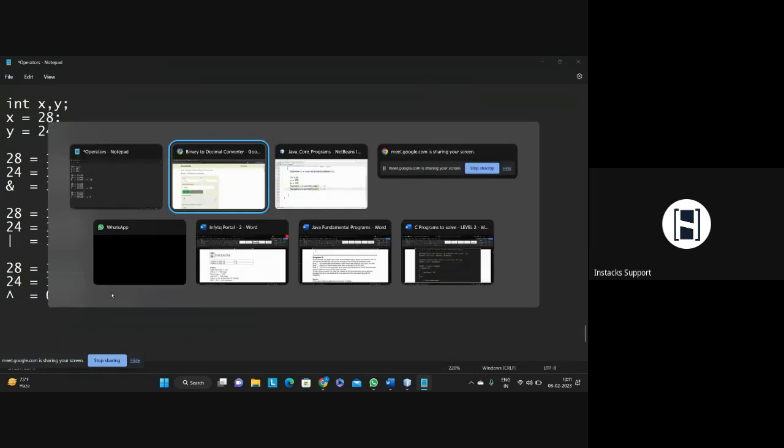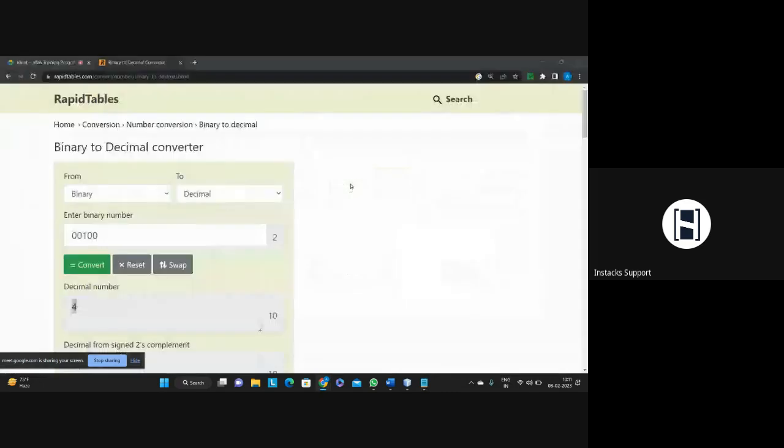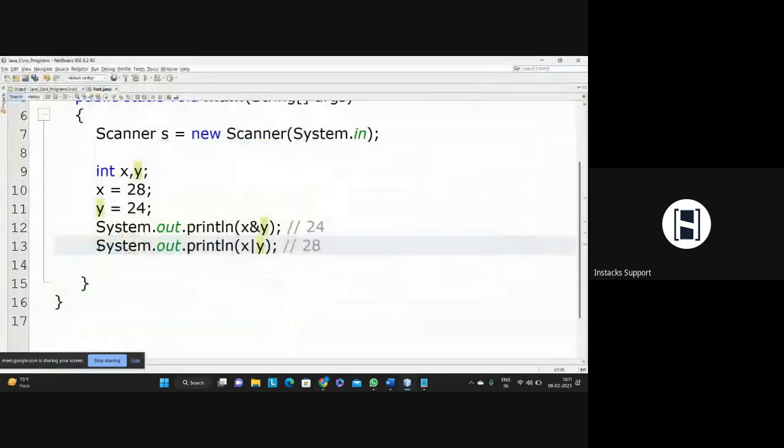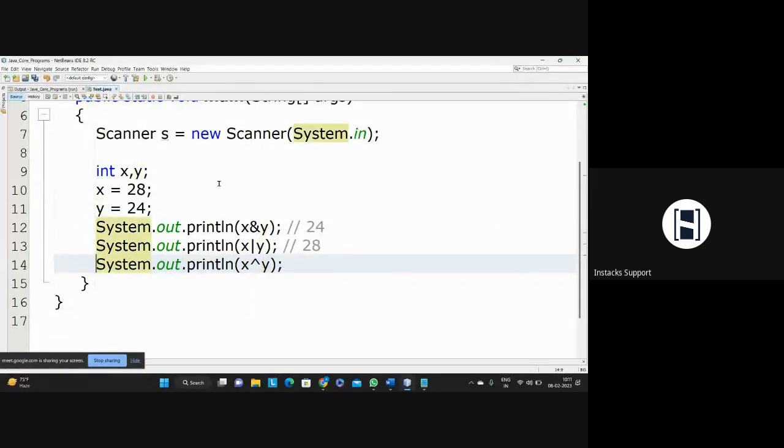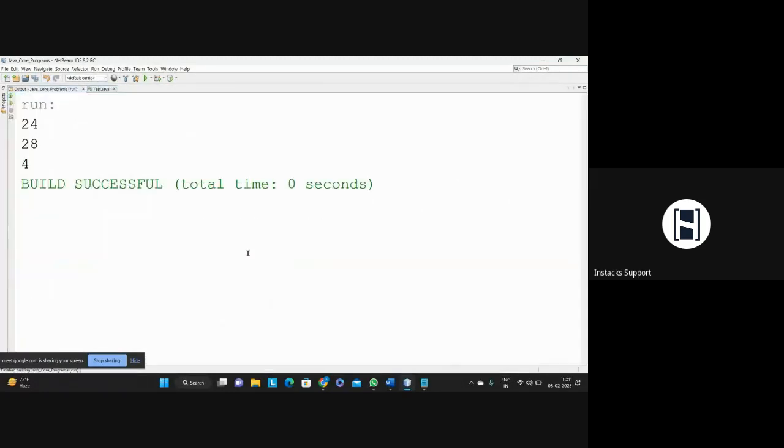Let us confirm that by running the program. So what am I going to do? I'm going to copy this and convert this into an exclusive OR, the XOR. Run this. See what is the output we got.